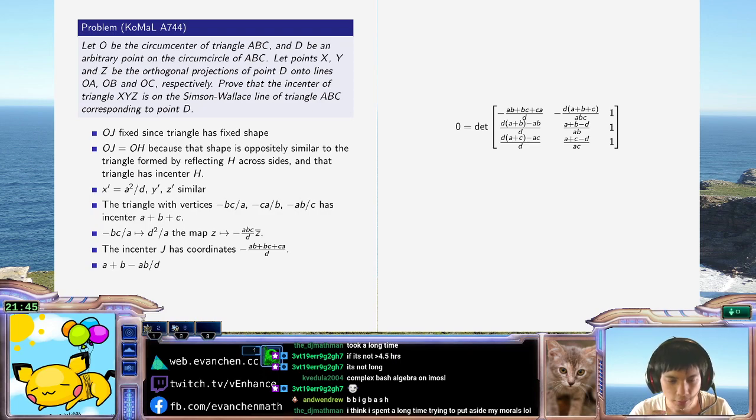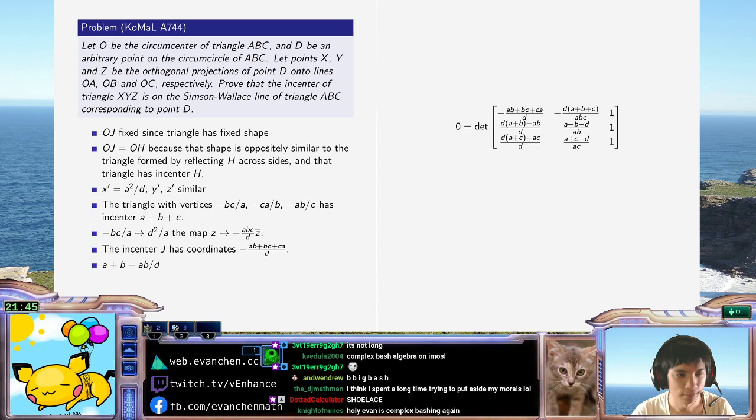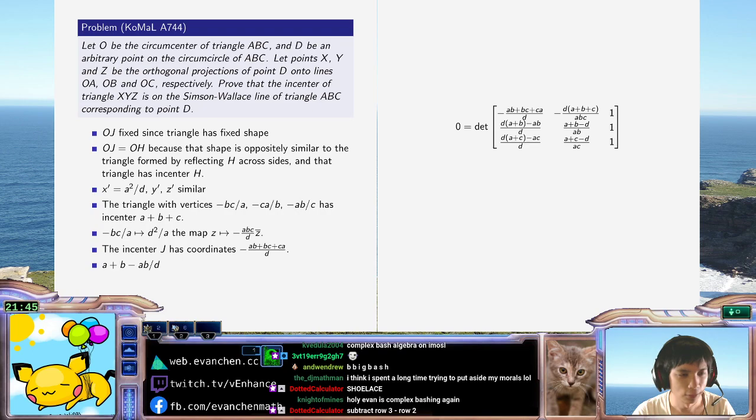Well, I can subtract row 3 from row 2. Yeah, that sounds good. So let's start doing that.